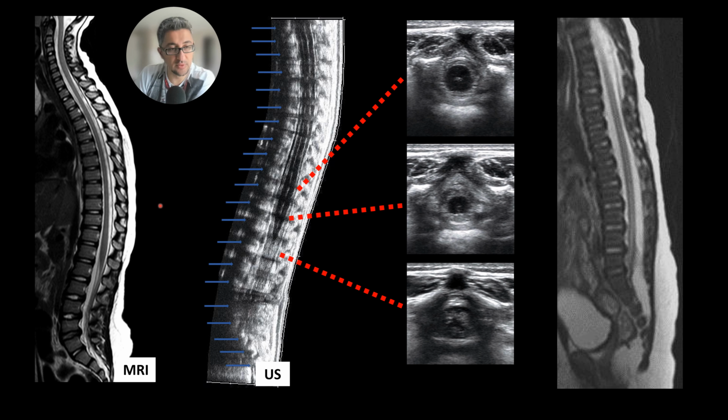Determining the level of the conus is very important, and usually in the newborn we do it with an ultrasound. Here you can see the ultrasound correlation of a panoramic image with the sagittal T2 images. This is the normal level, and on the axials we can see the roots. This hypoechoic structure is the cord, and here is a tethered cord.